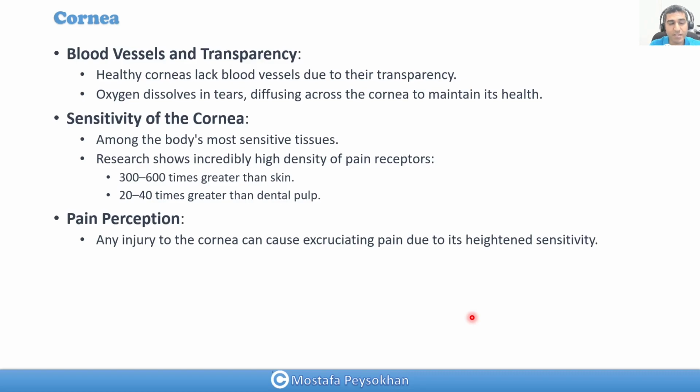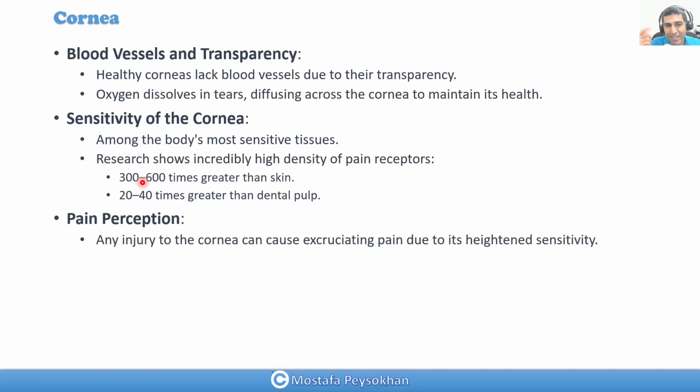Now, sensitivity of the cornea. The cornea is the most sensitive tissue in our body. Research shows that the density of pain receptors in the cornea is very high, about 300 to 600 times greater than the average of pain receptors in our skin.